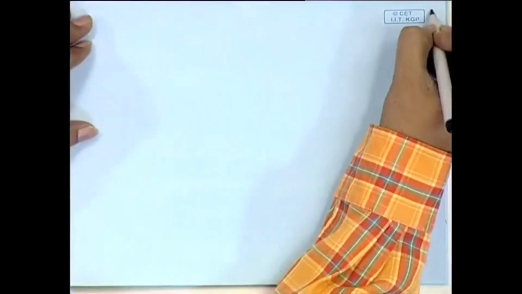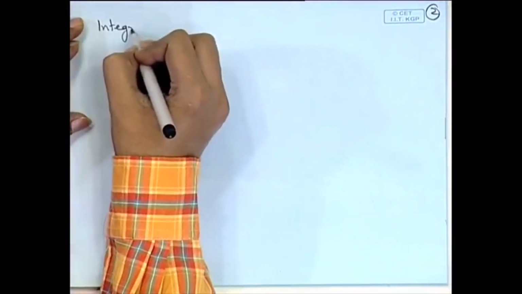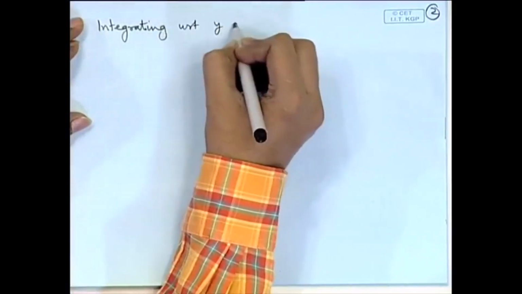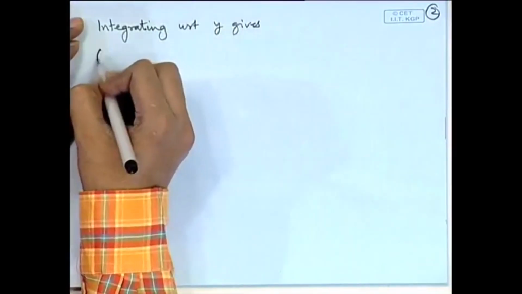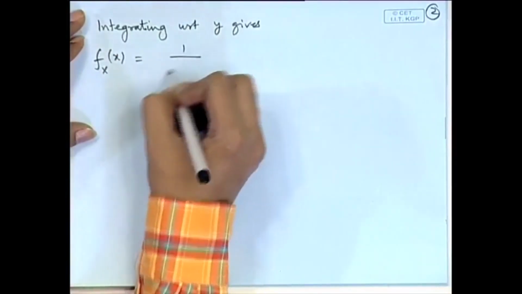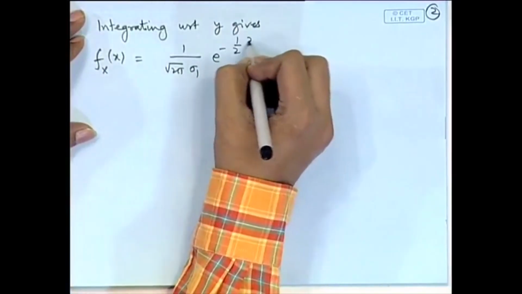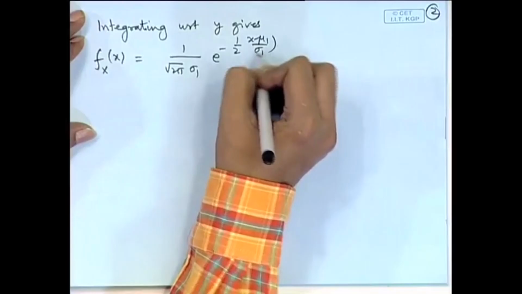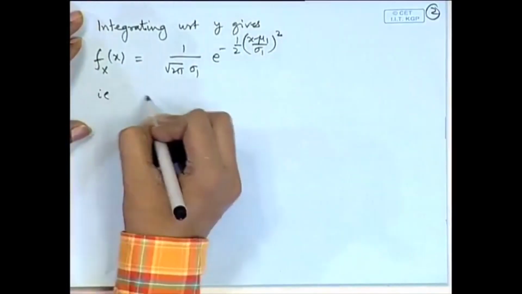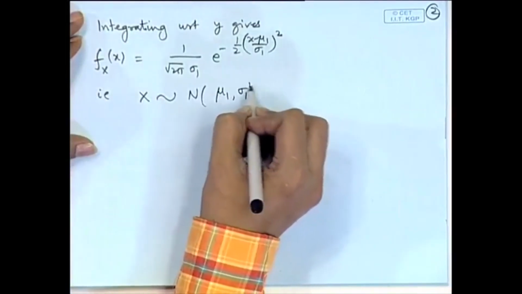So, integration with respect to y gives f_X(x) equal to 1 by root 2 pi sigma 1, e to the power minus 1 by 2 ((x minus mu 1) by sigma 1) square. That is, the marginal distribution of x is normal(mu 1, sigma 1 square).